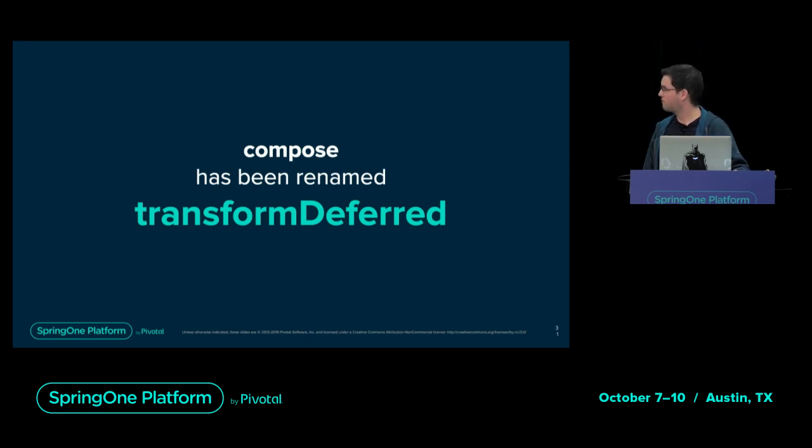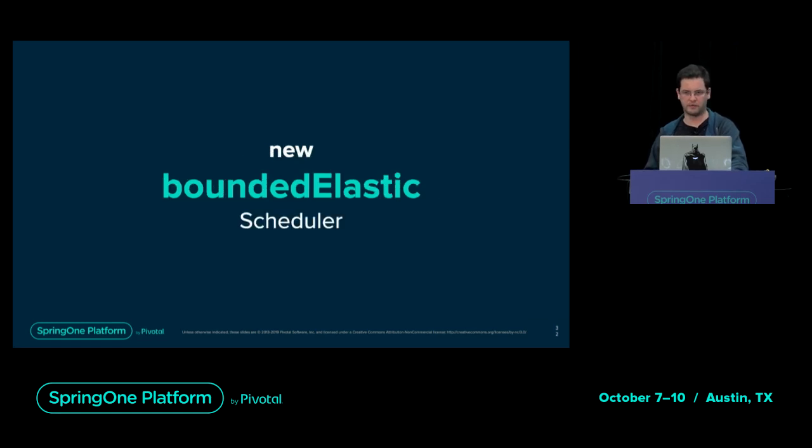And also, the big new feature of this release of Dysprosium, or Reactor Core 3.3 rather, is the new bounded elastic scheduler. Bounded elastic is a way to have a thread pool that will grow with your needs, that will cache the threads.